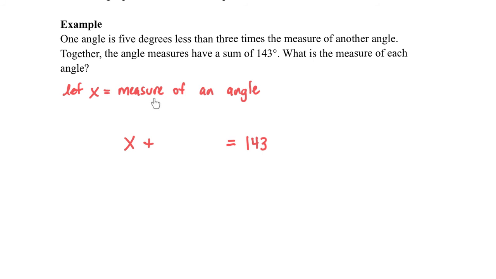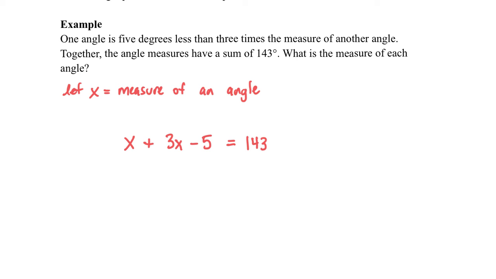Well, the other angle is x. So one of my angles is 3x minus 5. This is 5 less than 3 times the other angle, and there's the other angle. So one angle, two angles, and together they add to 143. So it wants the measure of each.